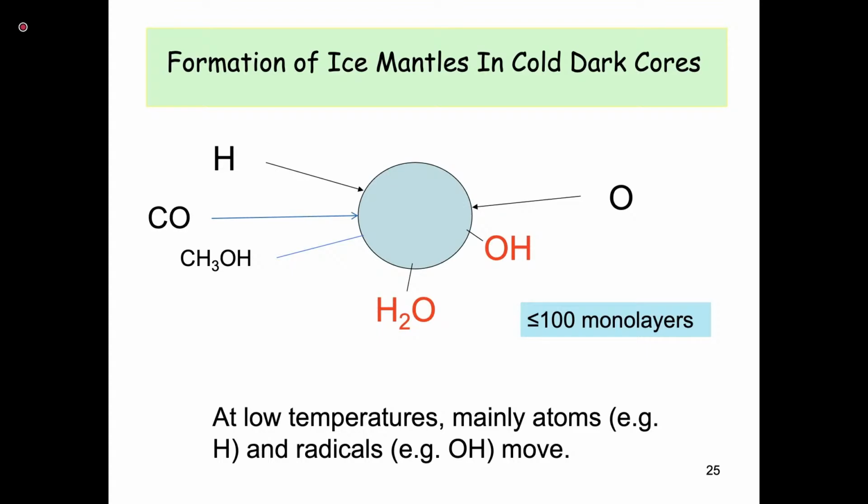If two hydrogens are together, you can make H2, and you can make methanol, you can make CO. And water, other than hydrogen, is most abundant, and it's in monolayers, which surface physicists use as a unit, up to 100 monolayers. All right. And at low temperatures, only the lighter species move. At higher temperatures, all the species move around and eventually come off as the temperature gets higher and higher.